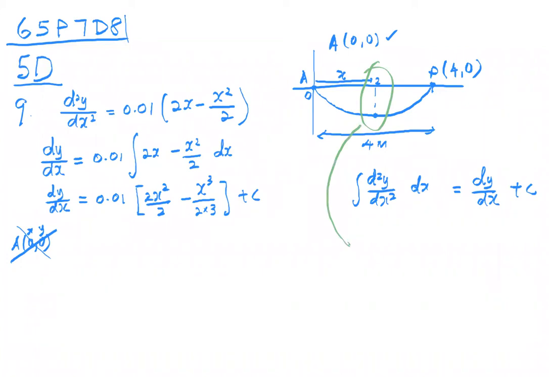I interpret this as when x equals 2 is the local minimum. All right? So therefore, the value of dy/dx is what?